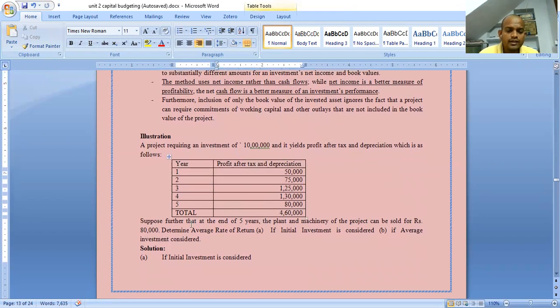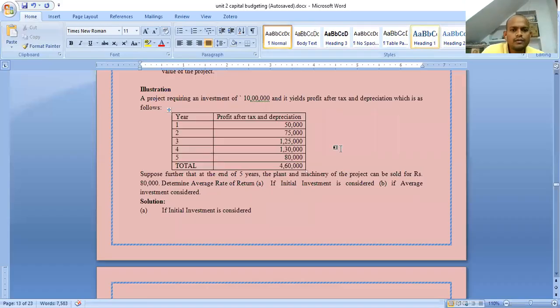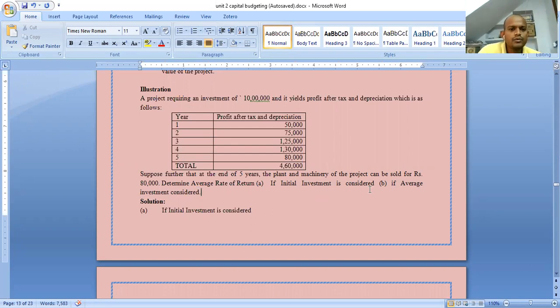Suppose further that at the end of the 5 years there is a salvage value. Determine the average rate of return: A, if initial investment is considered; B, if average investment is considered. So how to calculate the ARR in these two versions?